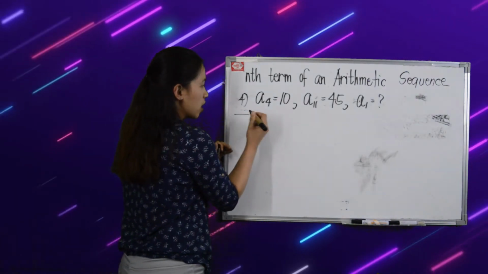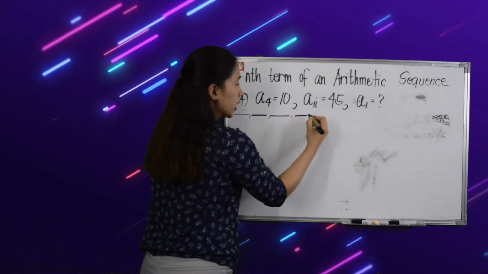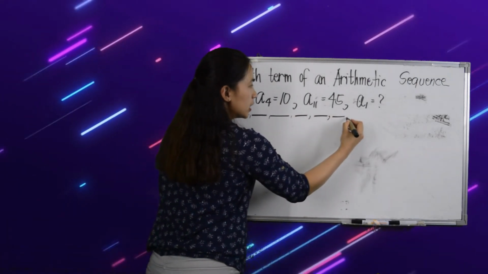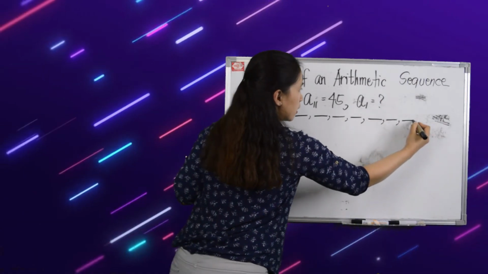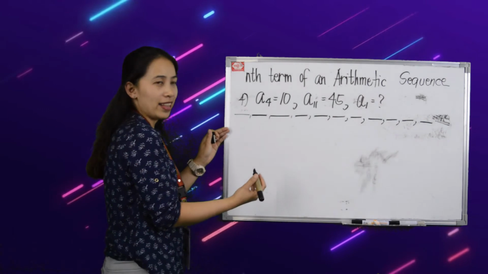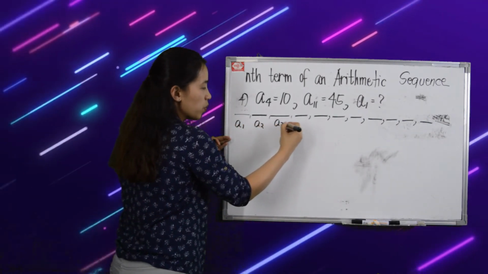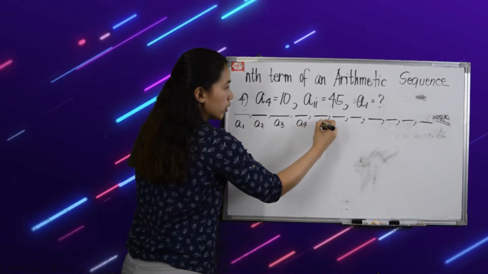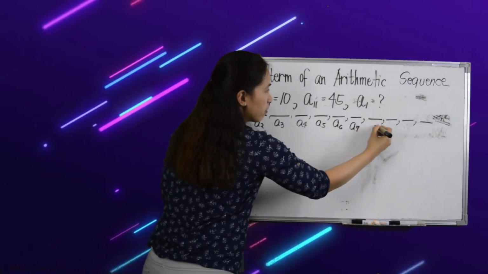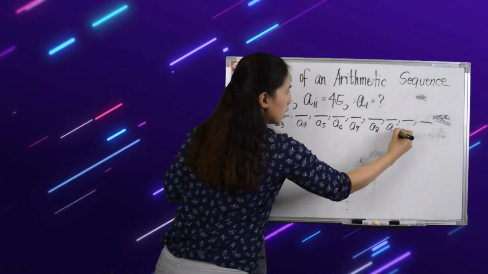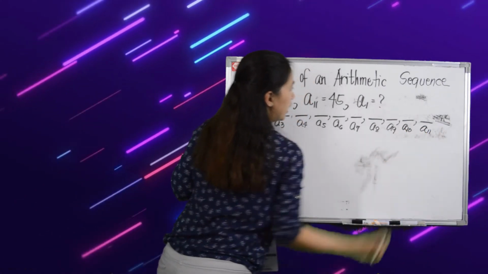So we'll have here a sub 1, a sub 2, a sub 3, a sub 4, 5, 6, 7, 8, 9, 10, and 11. This is our a sub 1, a sub 2, a sub 3, a sub 4, a sub 5, a sub 6, a sub 7, a sub 8, a sub 9 or the 9th term, a sub 10, and a sub 11.